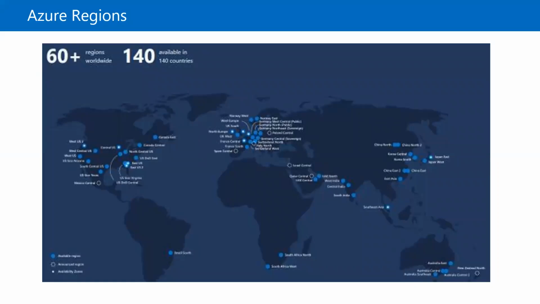We're above the 60 mark today. We have regions, virtually speaking, on every continent except Antarctica, and I won't be surprised if we have something there in the future. We have 140 different countries with coverage. Hear me out: we don't have a region in each one of those countries. We have data centers optimized for some Azure services.